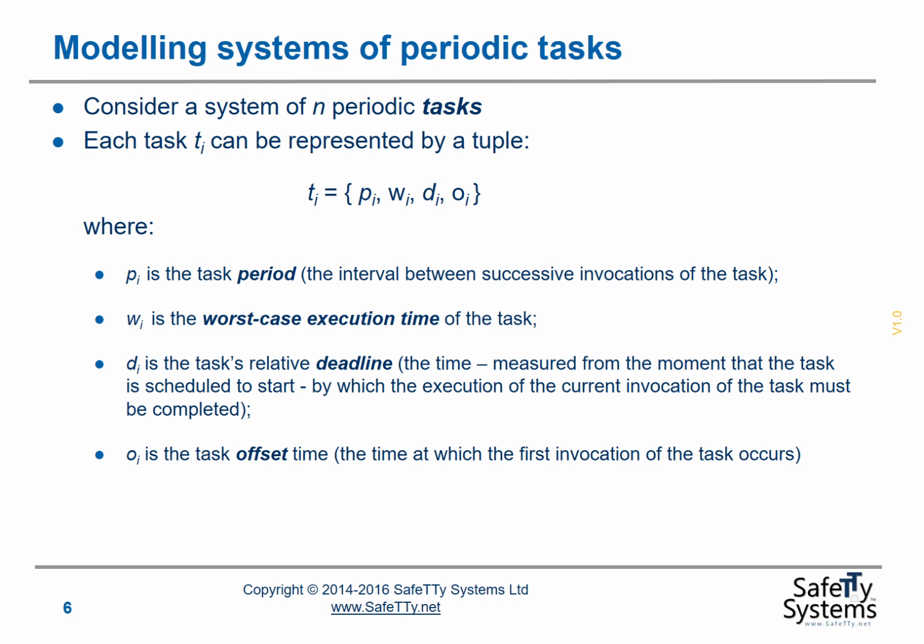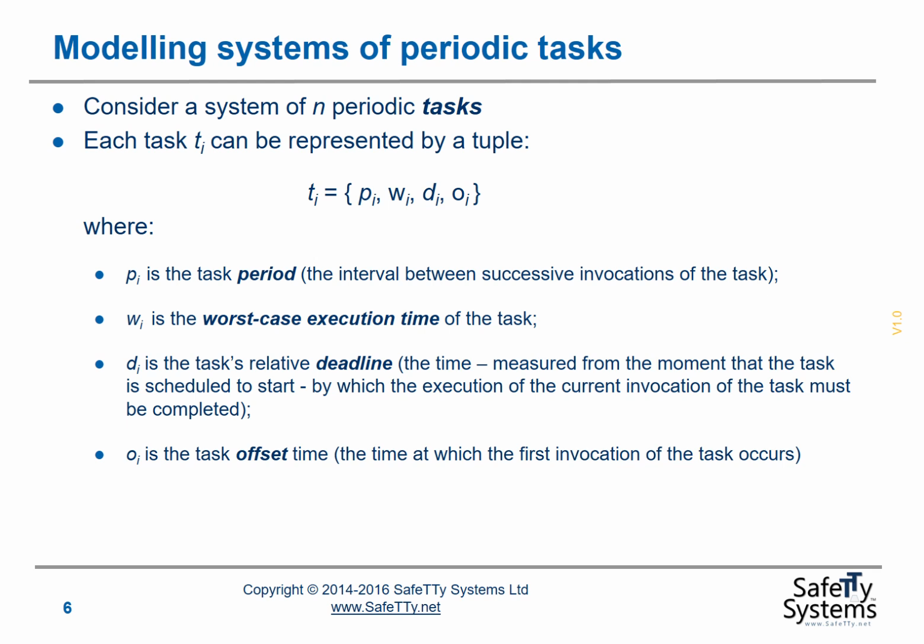We can represent each task more formally as a tuple. Basically a tuple is a set of particular parameters or variables. So we're going to represent each task with the values of period, worst case execution time, deadline, and offset. So P is the task period, the interval between successive invocations or releases of the task. W is the worst case execution time of the task.